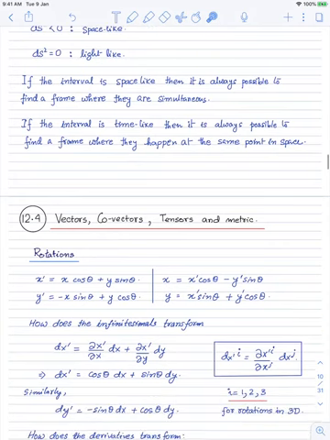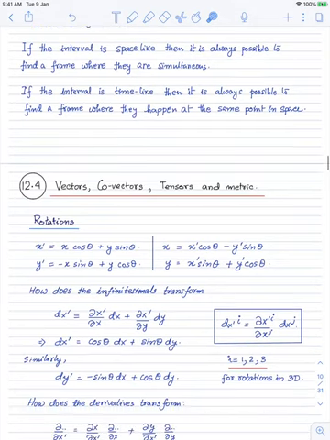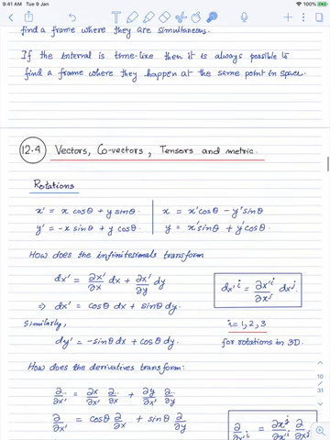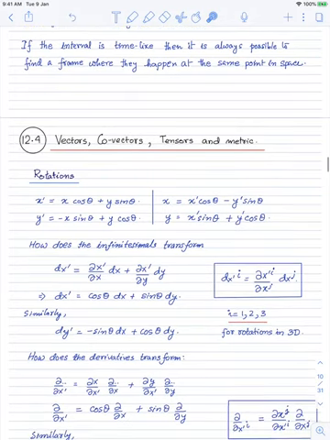And now we turn to something which is going to be very important for our discussion of electrodynamics: the idea of vectors, covectors, tensors, and the metric. You have encountered these objects before, but here we are going to say this in a slightly formal way.